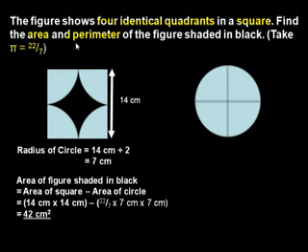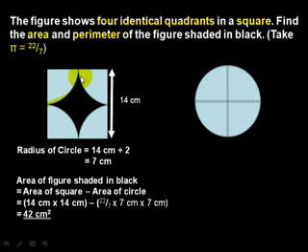The second part of the question wants us to find the perimeter of the figure. To find perimeter, we need to know the diameter. So 14 centimeters is the diameter of the circle. Perimeter means the outline. So we want to find the perimeter of the figure shaded in black.